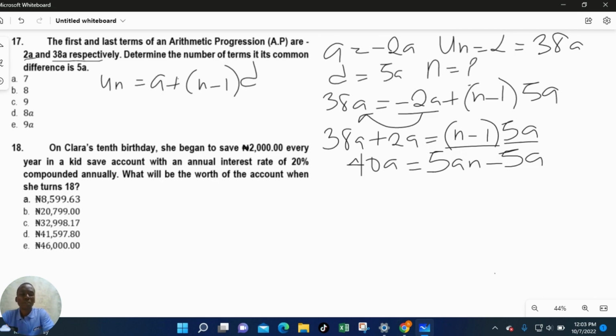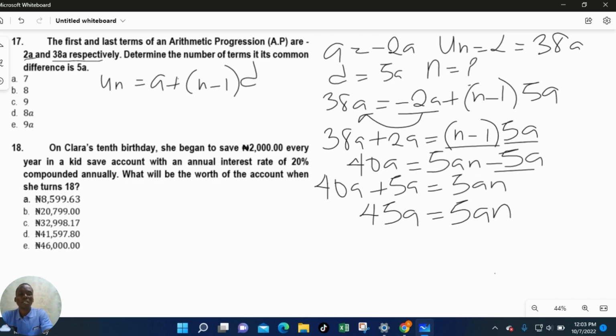Now we'll simplify further. Remember, minus 5a crosses the equal sign. We're going to have 40a plus 5a, and that will be equal to 5an. So 40a plus 5a is going to give us 45a, right? And that will be equal to 5an.